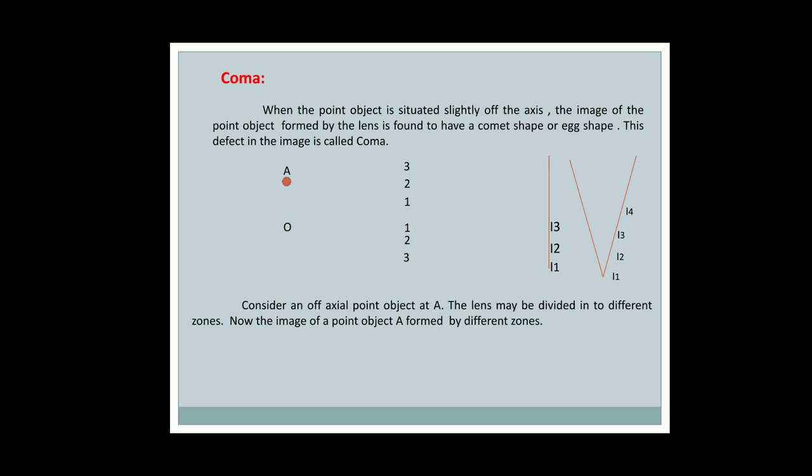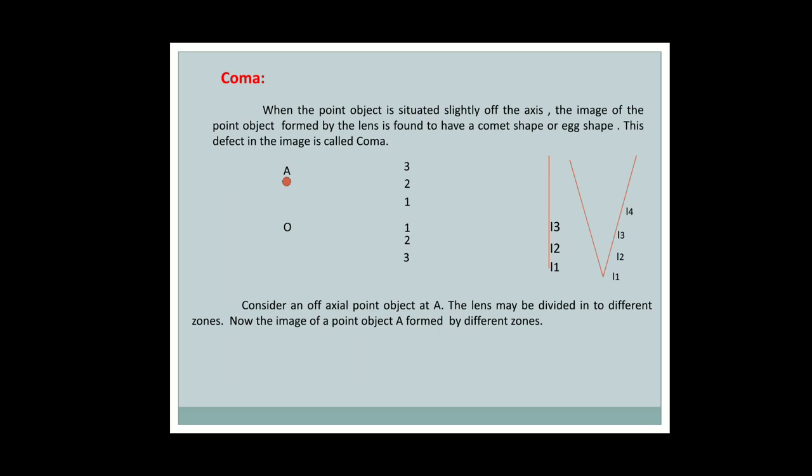If the point object is slightly off the axis, then the image is formed like an egg shape or comet shape. Comet is nothing but, in Telugu, తోక చుక్క. So the image is like a comet shape. తోక చుక్కలా కనిపిస్తుంది.